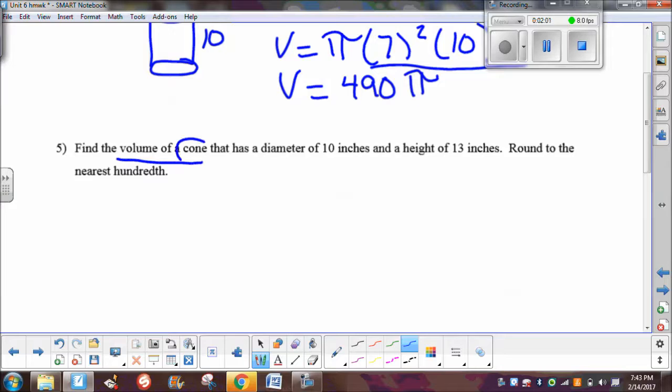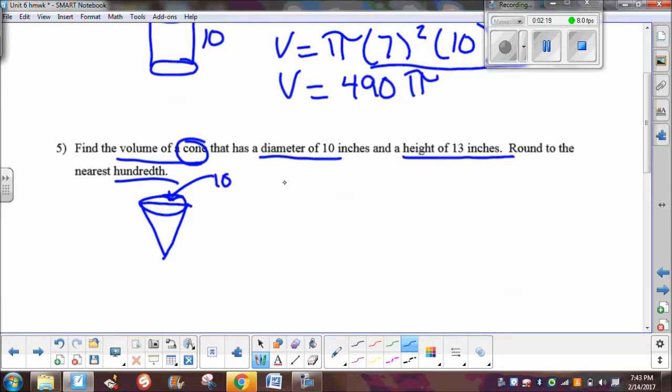Find the volume of a cone that has a diameter of 10 and a height of 13, and they want us to round to the nearest hundredth. So we're going to use the pi key. So we've got a cone, and the diameter is 10. Be careful there. They didn't give us the radius. They gave us the diameter, and they said that the height is 13.